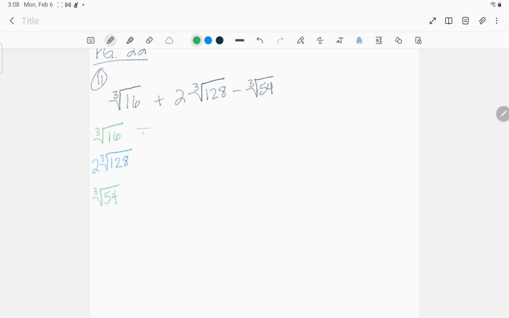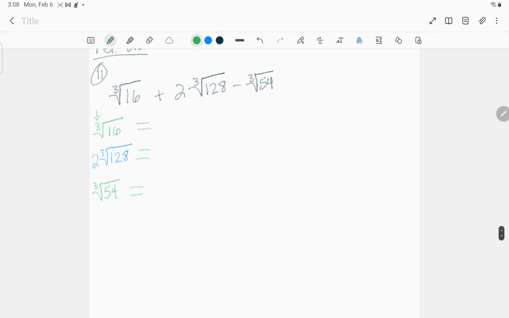All right? Now, going back to the first one, we have 16. So what are factors of 16? We have 4 and 4, 8 and 2, and then 1 and 16. So it's not 4 and 4, because remember we're working with the cubed root, not the square root. But 8 and 2, is that a cube of something? And the answer is yes. We just said that just a second ago.